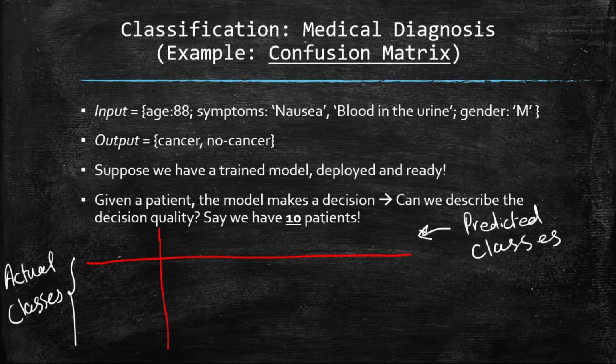So what are the classes? Cancer or non-cancer. I'm going to say cancer with C and no cancer. Again, we have here cancer and we have no cancer. Now consider a case where we have 10 patients in our training data, and we use that to train the system.